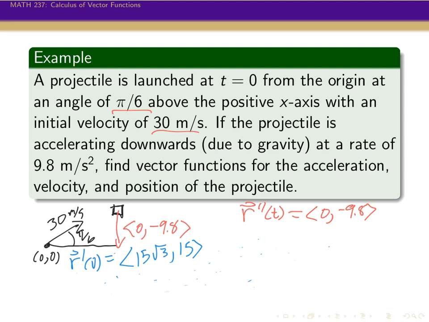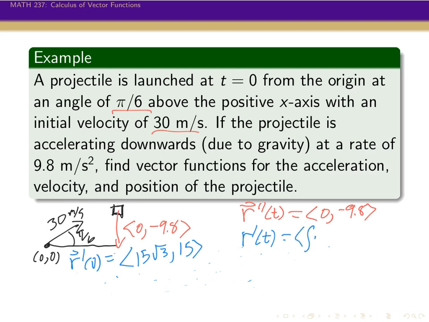We know what the components are, and we know that these components are just the derivatives of the components of r prime of t, right? So if we know what the derivatives are, how do we go back to it? Well, really, we're just going to integrate. And so what r prime of t is going to be is the integral of both of these.